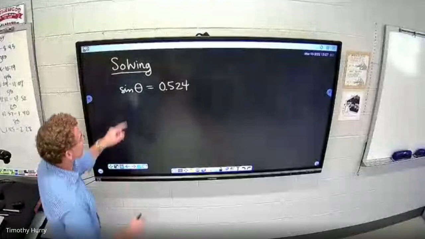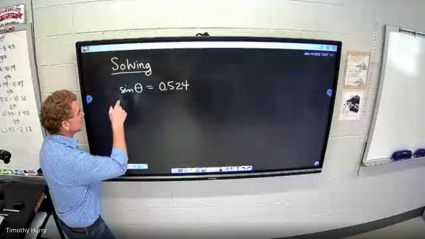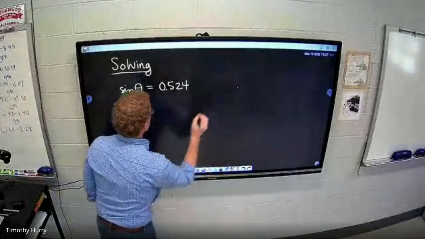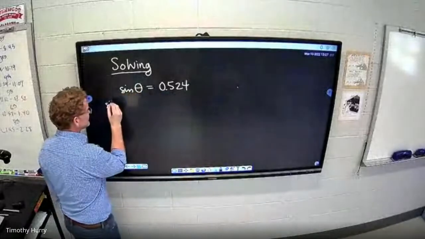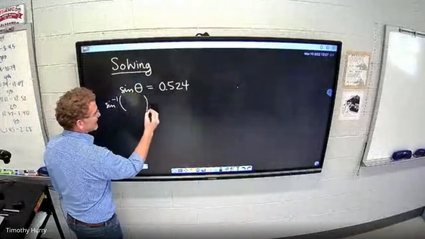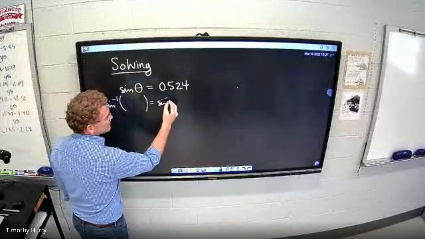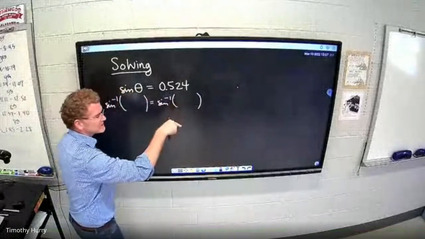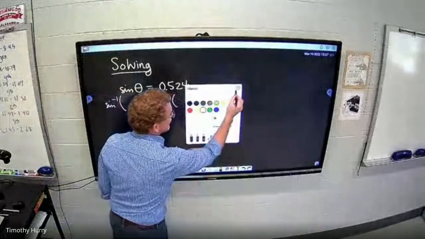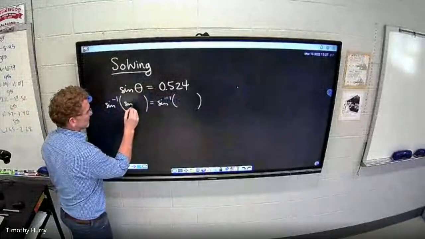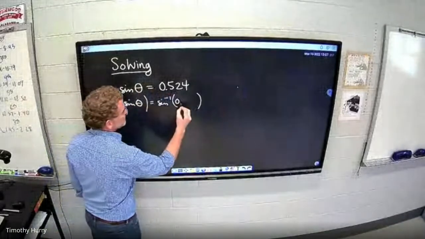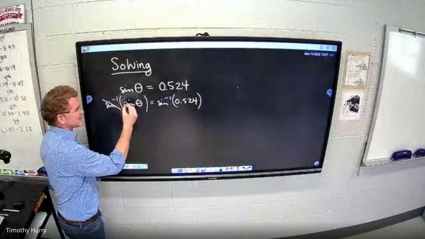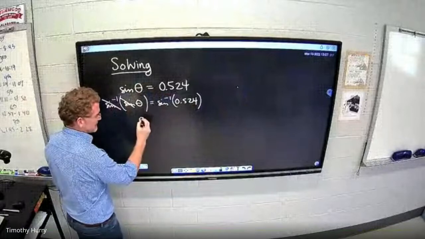Technically, and this is where the inverse comes in, if I inverse sine the left side, and don't write that, well, you can if you want, but I will never write this again, and I inverse sine the right side, you'll see me doing it right here. The inverse sine and the sine cancel, leaving me this.